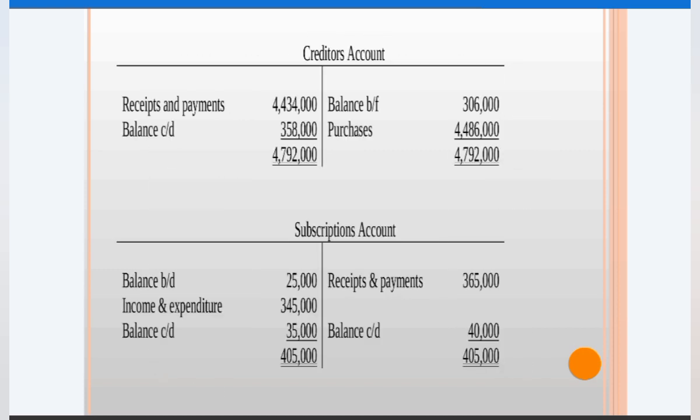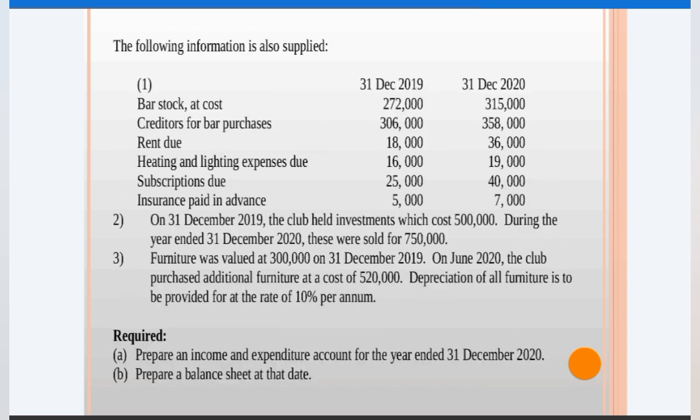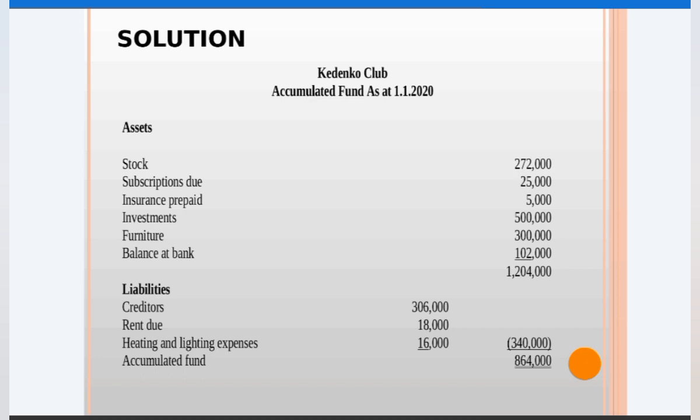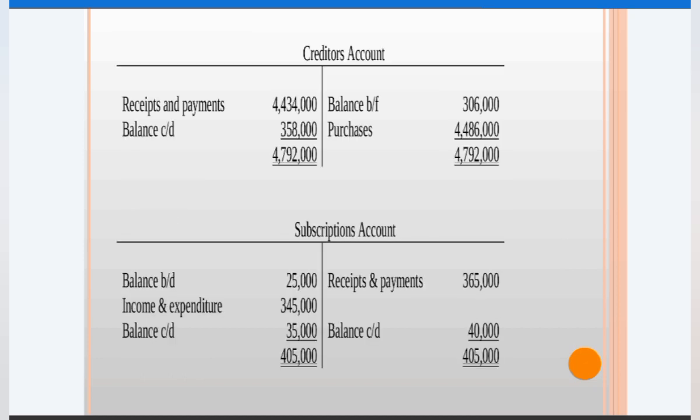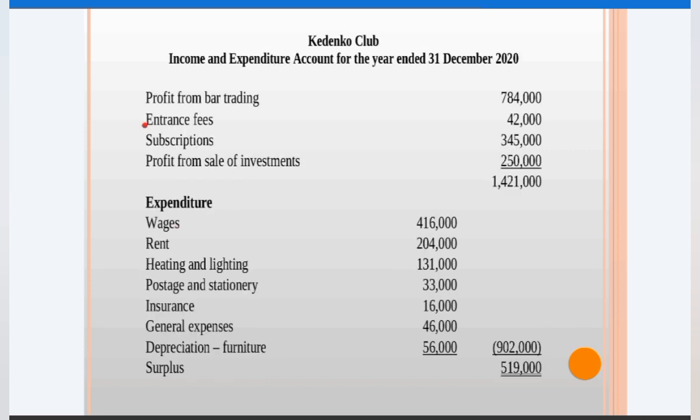And if you look at our income and expenditure account, we have the amounts received from entrance fees of 42,000, and that item you can see it is in our income and expenditure as entrance fees of 42,000.